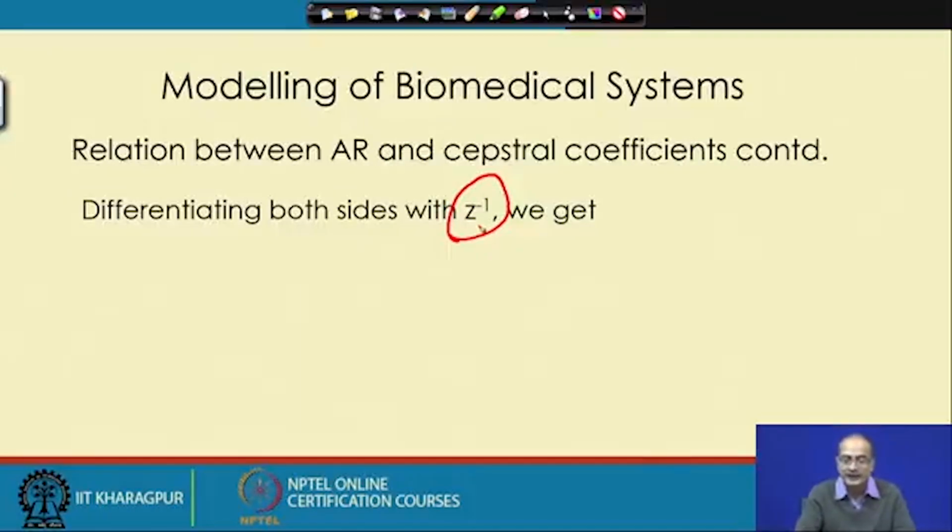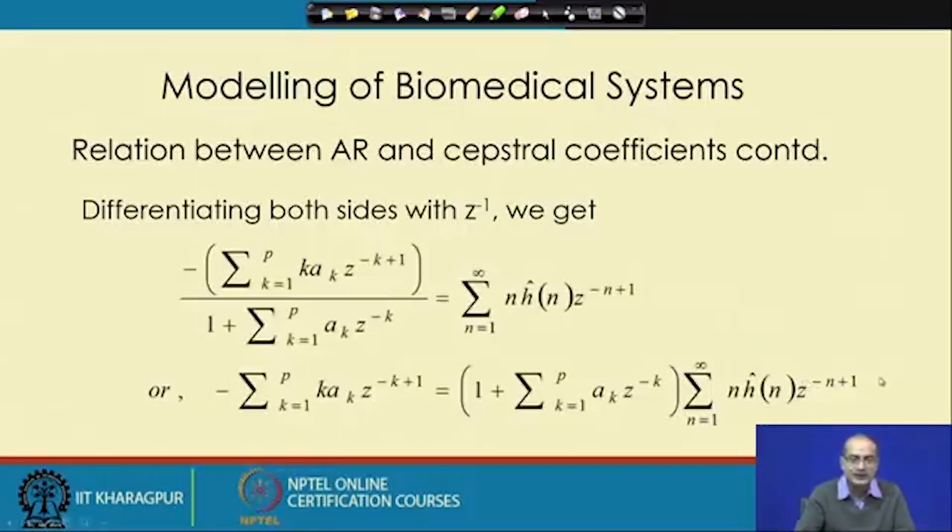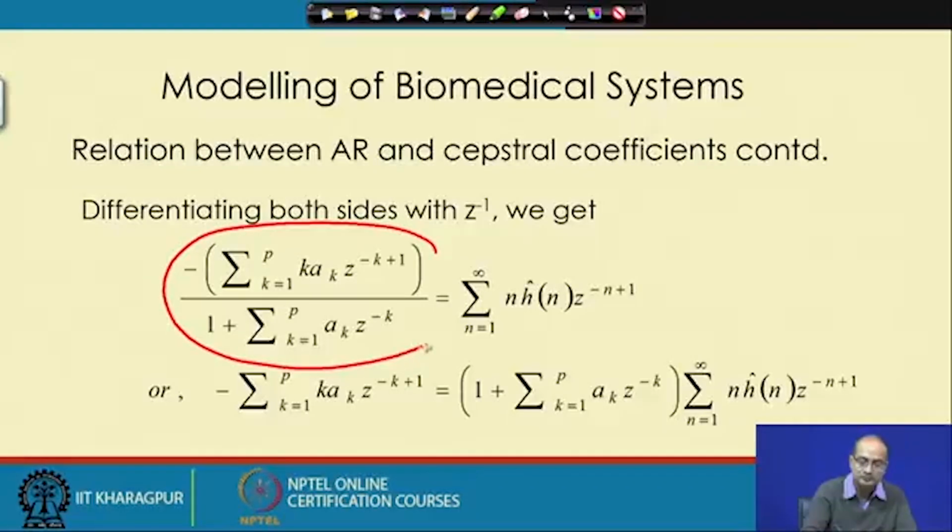Please keep in mind, it is not with respect to z, but z to the power minus 1, because that helps us do the computation. On the left-hand side, the derivative of log x is 1 by x, and then by the chain rule we get the derivative in this form.